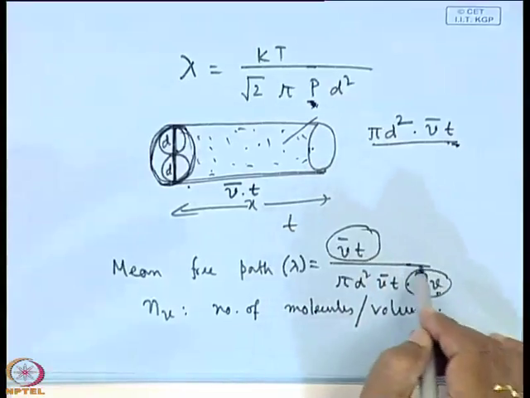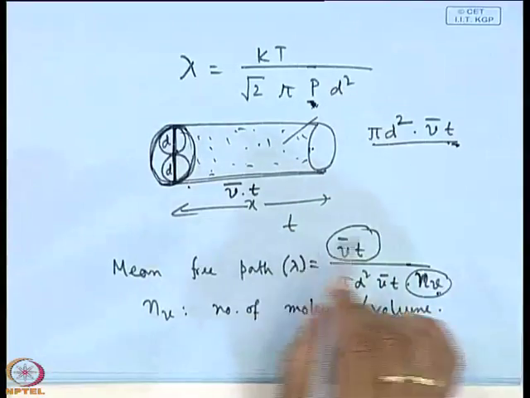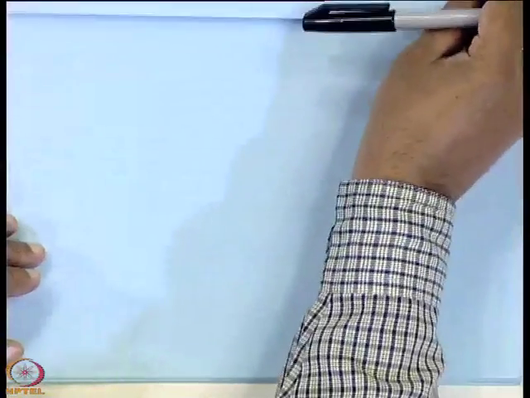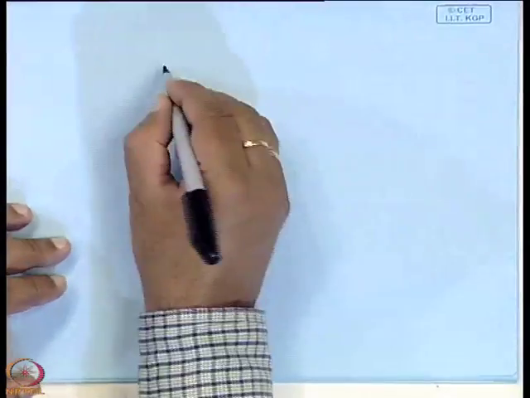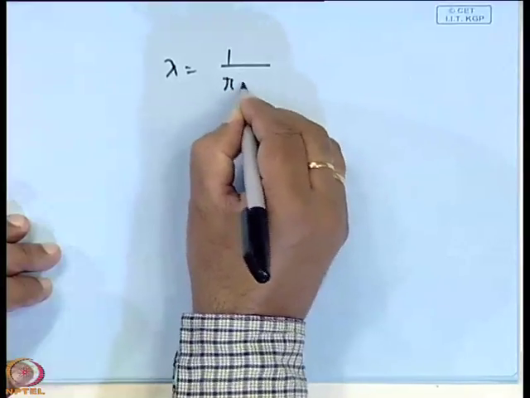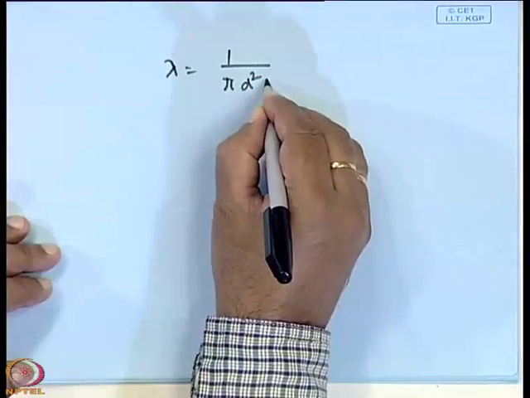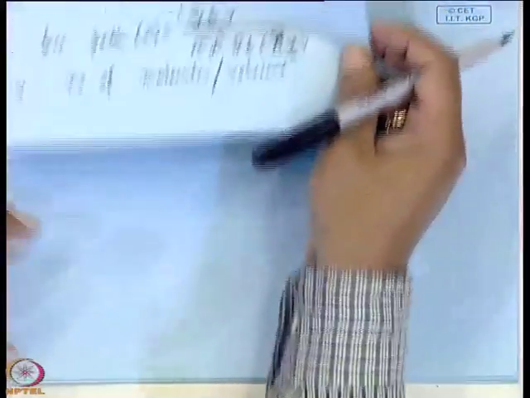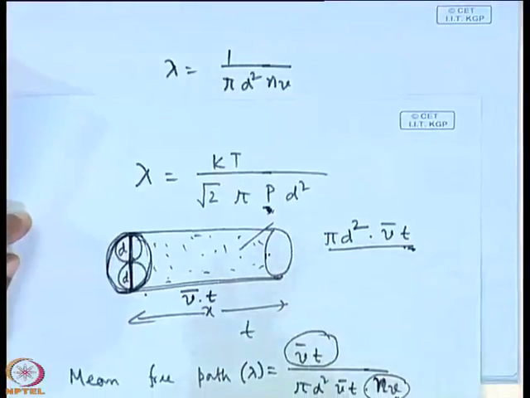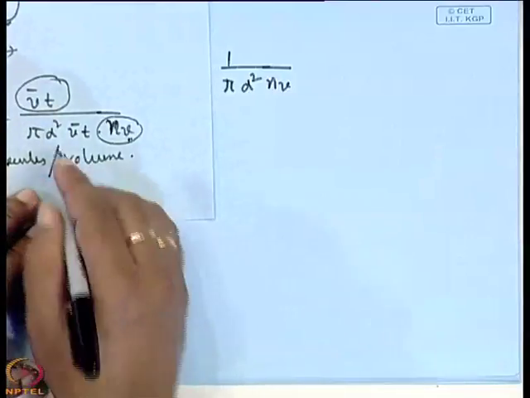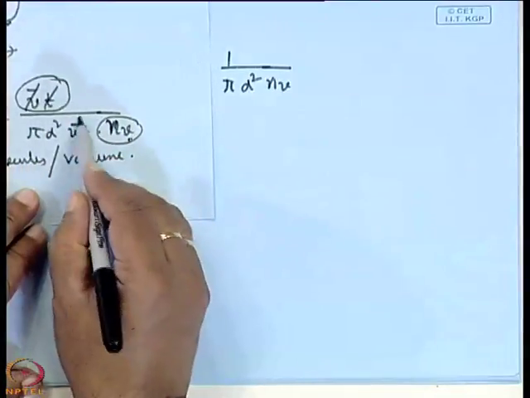If you divide v bar t with this, what is the value? The value of lambda will be 1 by pi d square into n v, because v bar t cancels out.